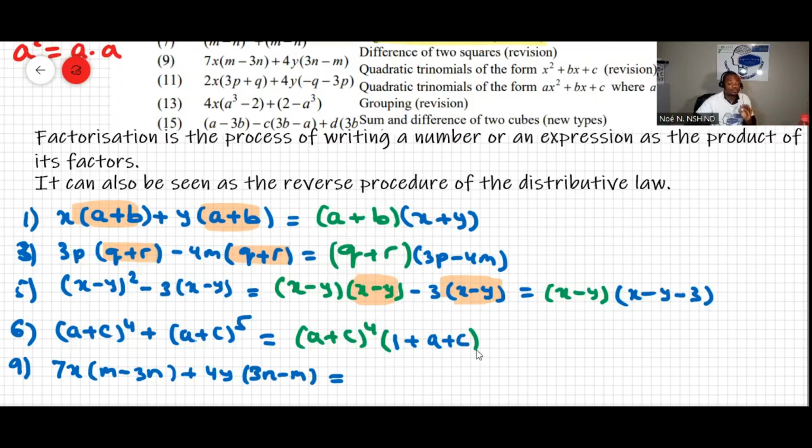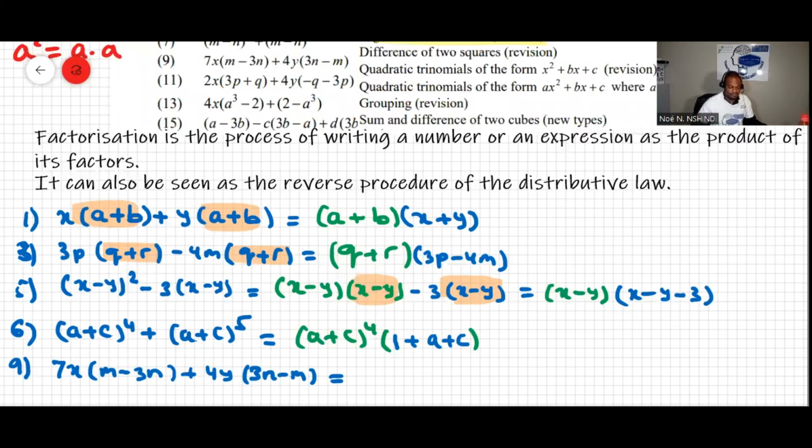Now, I want to be careful here. This time we have m minus 3n and then 3n minus m. If it was plus, there wouldn't be a problem, nothing would be difficult, because addition is commutative.